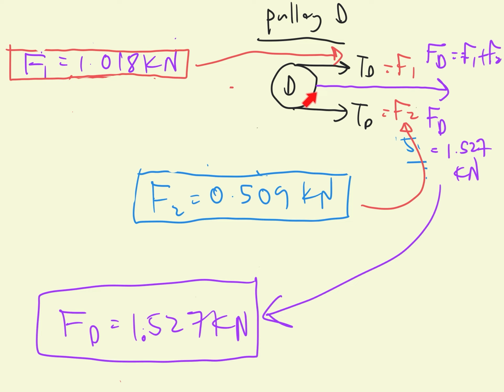Means that for the free body diagram in terms of y axis, the D value will be 0, but in terms of x axis there will be a value of pulley D acting on the right side, so it will become positive, and the value is 1.527 kilonewton.